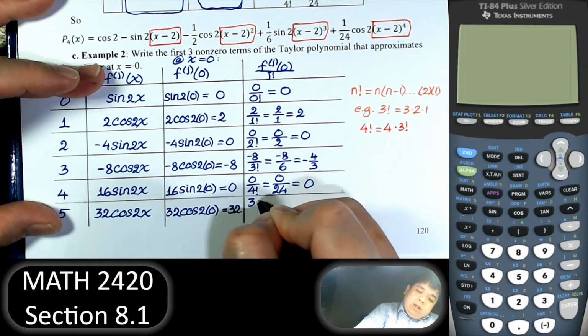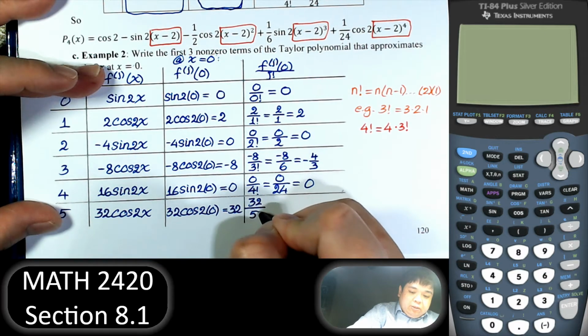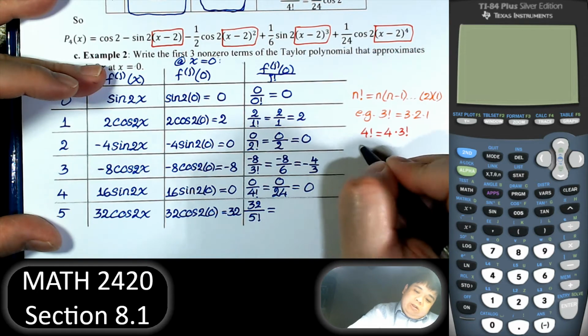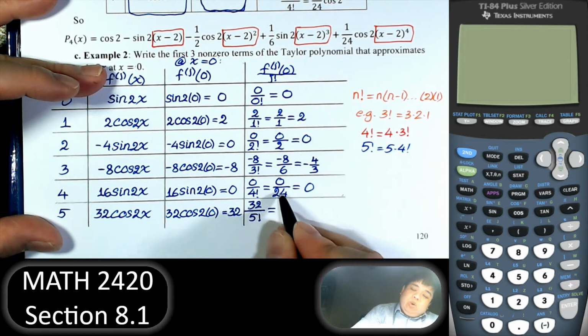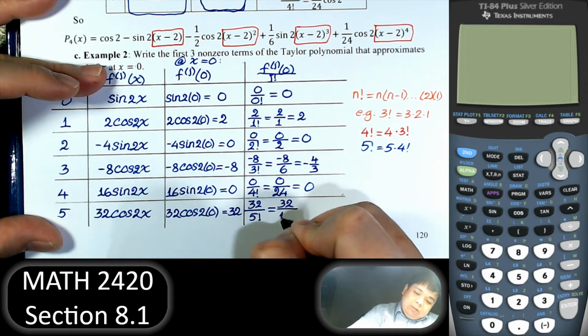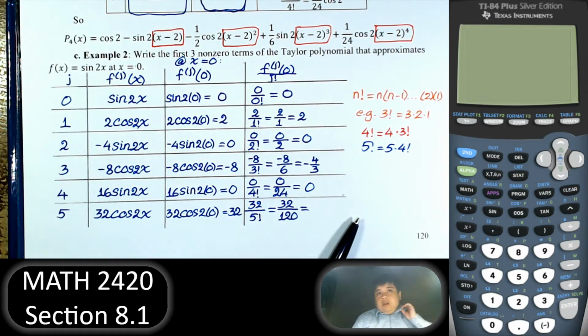Now we have 32 divided by 5 factorial. 5 factorial is 5 times 4 factorial, which is 24 times 5, which is 120. So it looks like 2 over 15 perhaps.